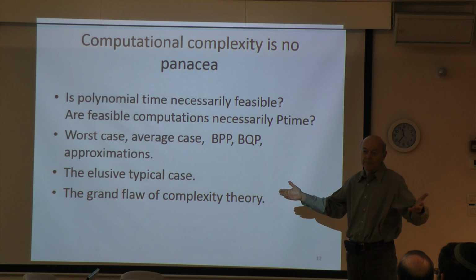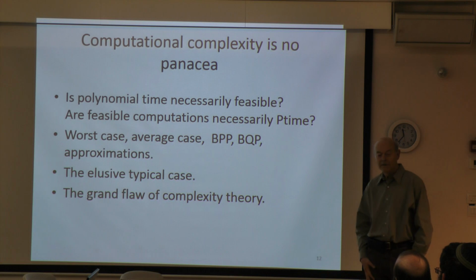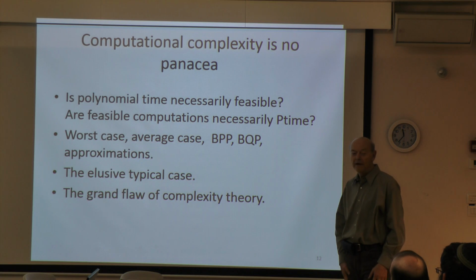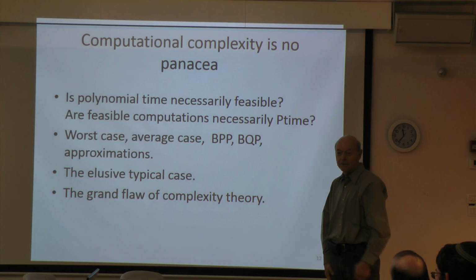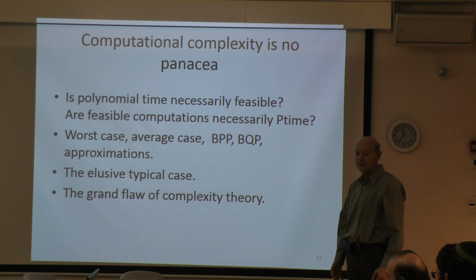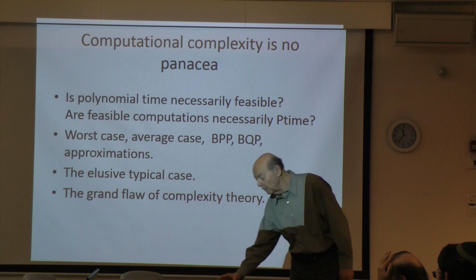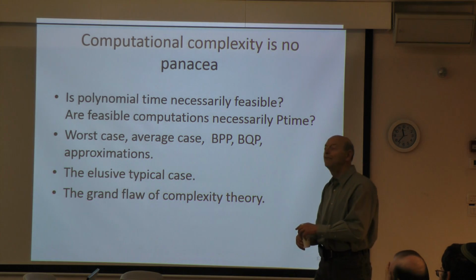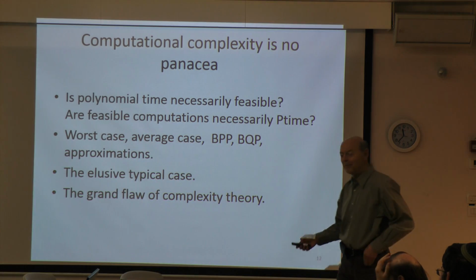How many files are there? A few tens of billions. But they will not do that. It's completely infeasible. They will find him in log n time using the index. And so here is a simple case which is feasible in some impractical sense.